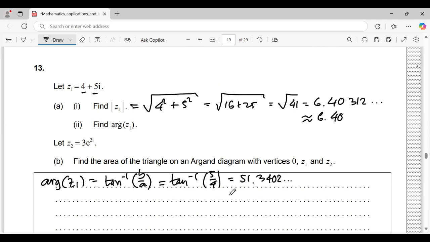It is in degrees, so we have to convert into radians. Multiply by pi over 180, and it is 0.8956 radians, or 0.895896 radians.